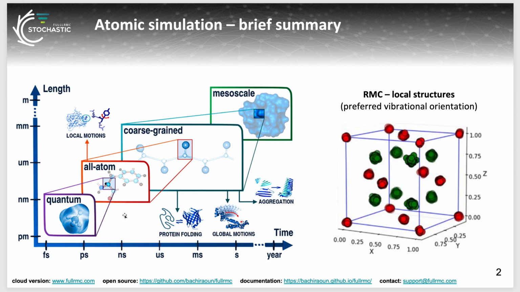A bit further along here, when we start talking about all atoms, when we have thousands of atoms and up to 100,000 atoms, classical approaches are used. Beyond that, more approximations need to be put in place. Computation and algorithm tricks and techniques and coarse graining must be used.